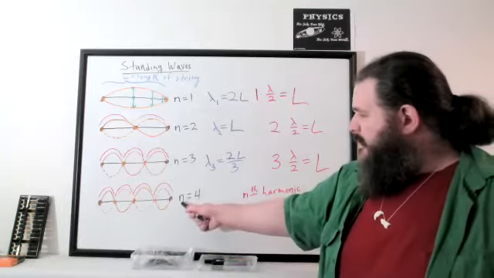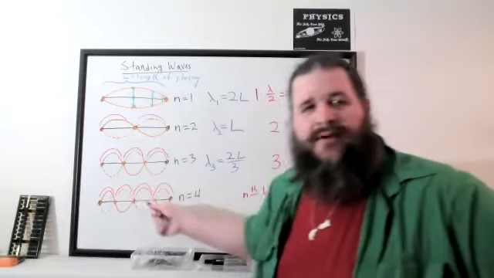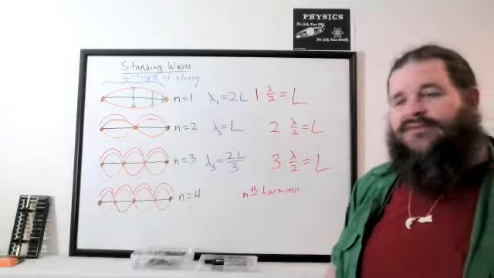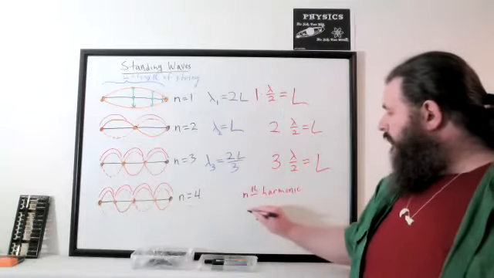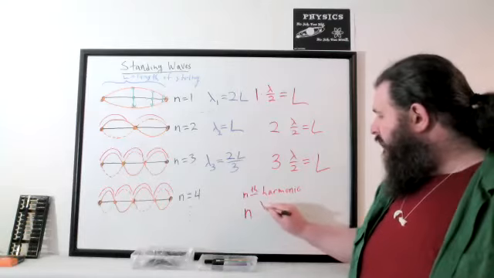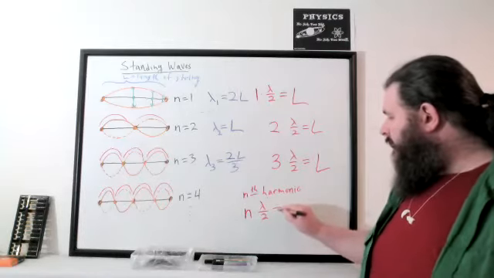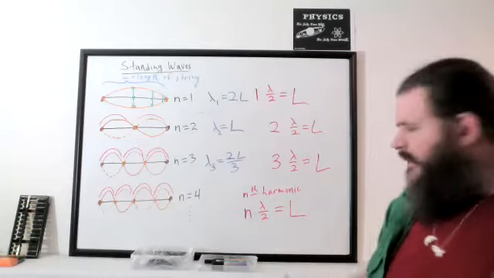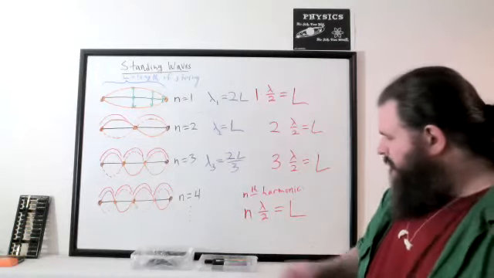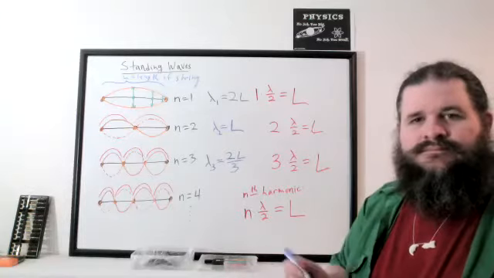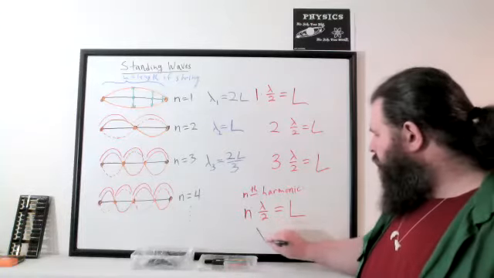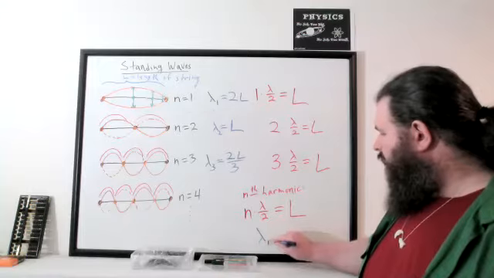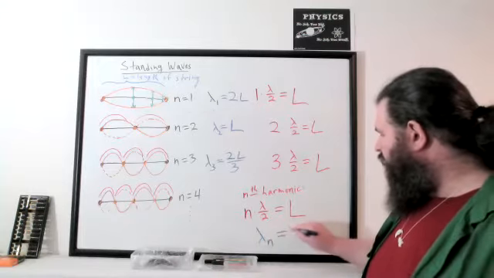Because the harmonic number, the n, is the number of half wavelengths in this context, at least for this type of standing wave. So for the nth harmonic, we've got n copies of the half wavelength making up the length of the string. Solve that for lambda n, what do you get? Yeah, 2L over n. So the wavelength of the nth harmonic, lambda sub n, is 2L over n.